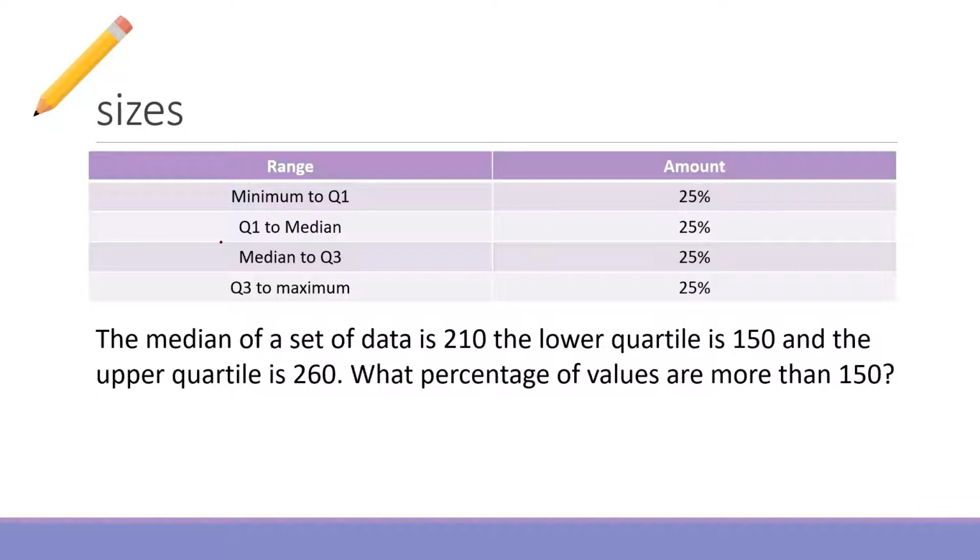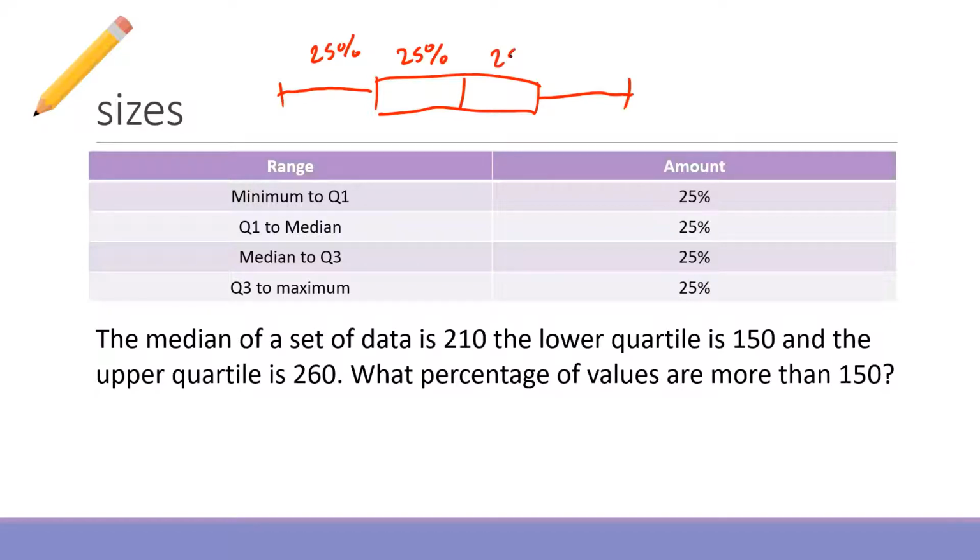The median to the Q3, or the upper quartile, is 25%, and to the maximum is 25%. If I draw this as a box plot, it would look like this. So it's 25% here, 25% here, 25% here, and 25% here.